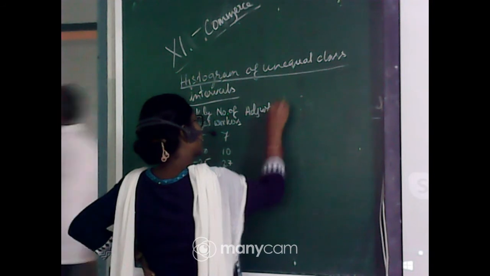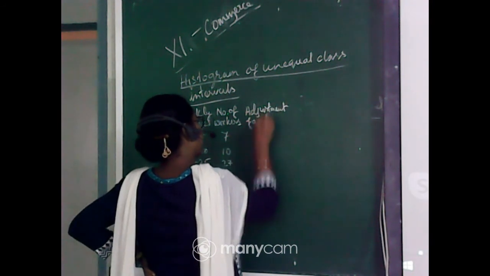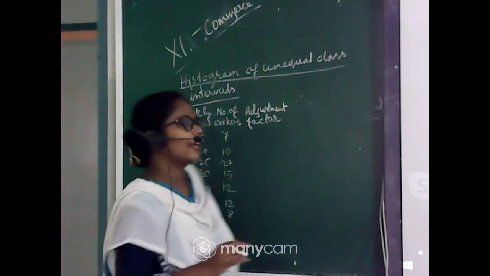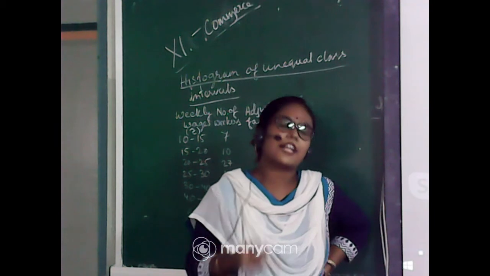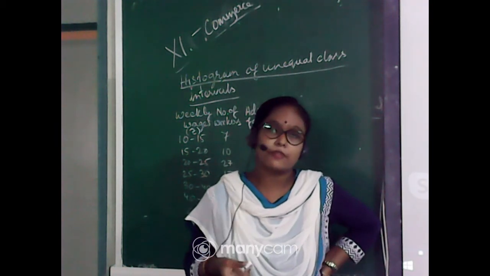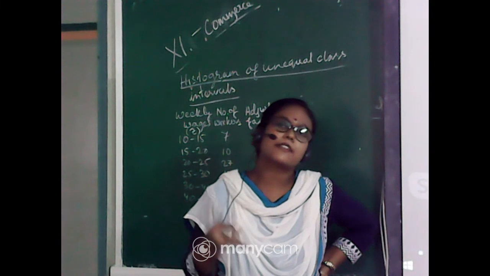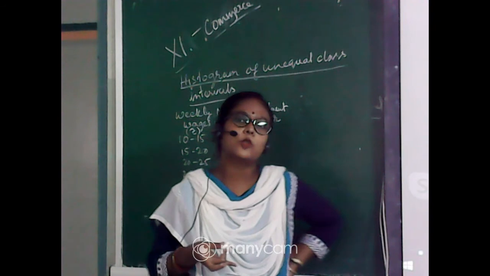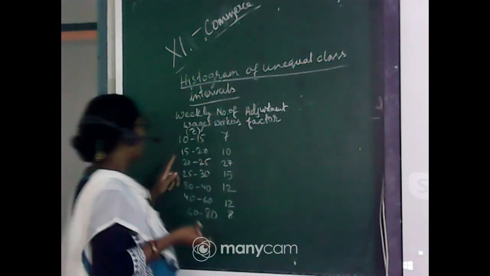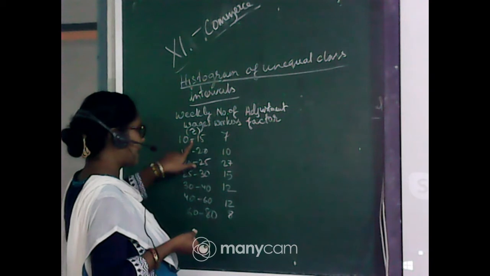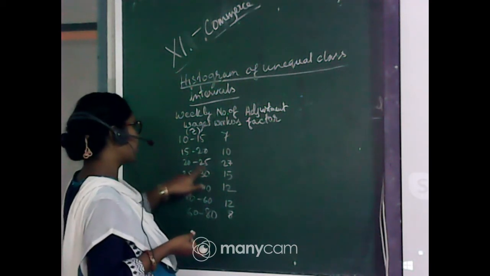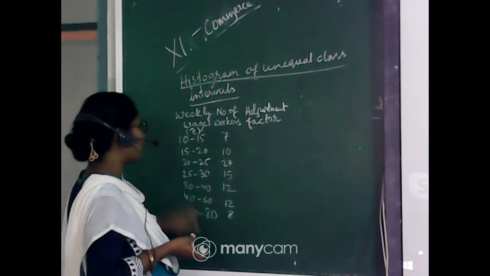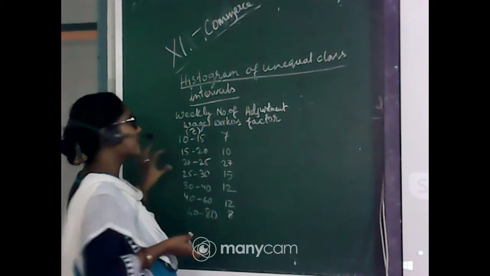Kritika, I already gave the formula: class interval of the concerned class divided by the lower class interval. See here, 10 to 15 is 5, 15 to 20 is 5, 20 to 25 is 5, 25 to 30 is 5, next 10, 20, 20. The lower class interval is 5.